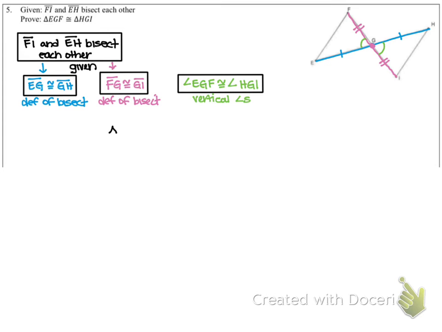So we've got triangle, and I may as well just use the name that was given to me, EGF, congruent to triangle HGI. Make sure that your reason goes on the outside, and this is side angle side congruence. And the only way we got here was because of all of the bubbles above, so make sure that they're included and flowed down. Okay, let's move on.